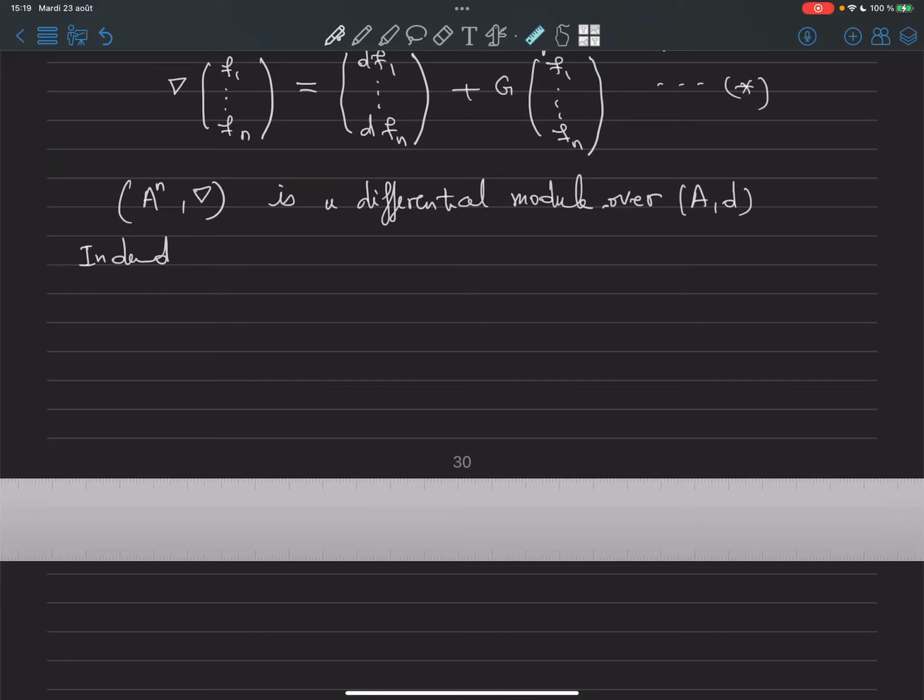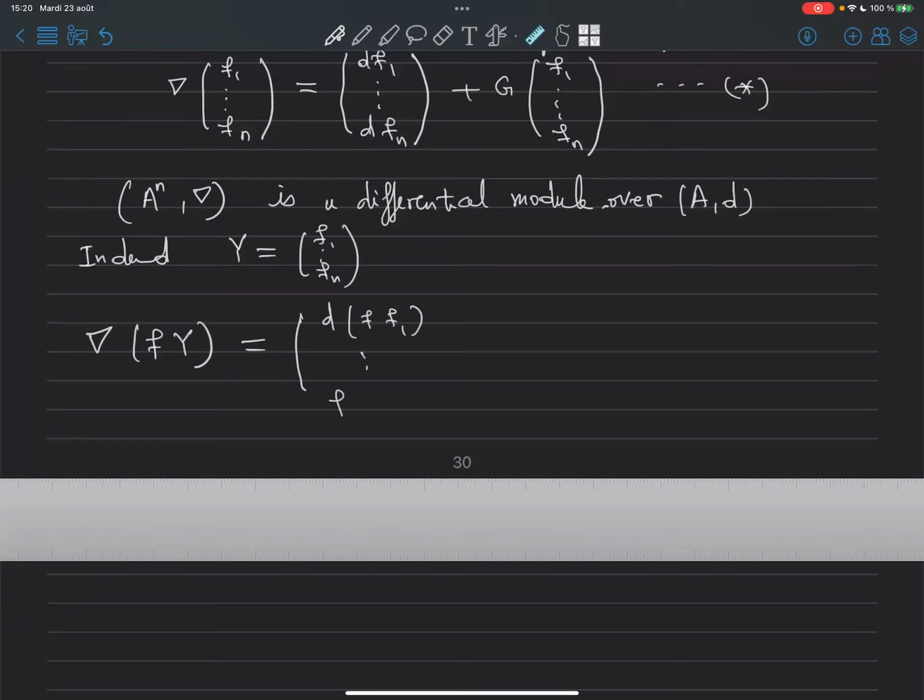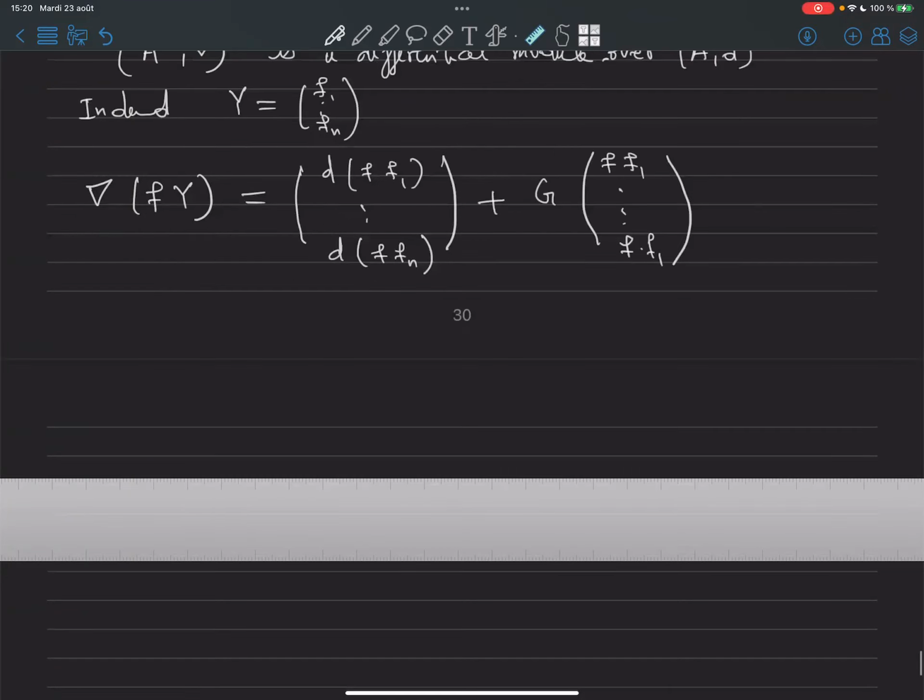Indeed, if we set y equal to 1 and nabla of y is equal to d f of 1, here it's easy to see that this is exactly equal to fg, because f is the f multiplied by the identity, then we can invert, and we got such thing.